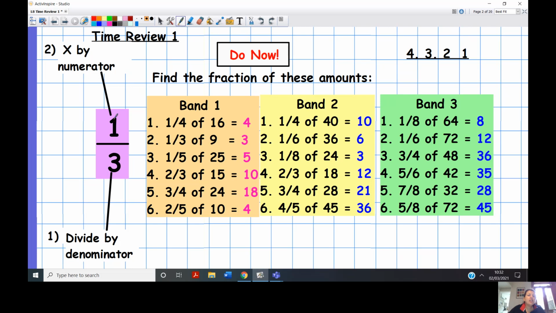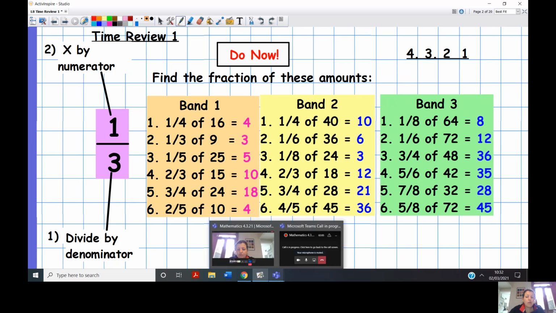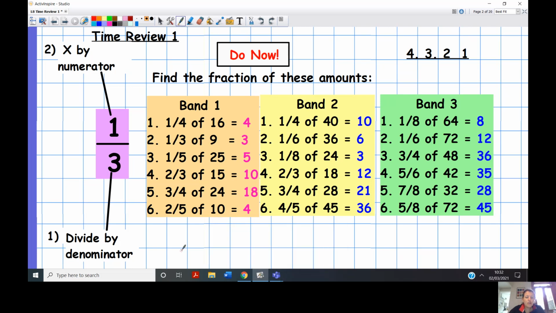The numerator, the top number, shows how many equal parts we're trying to find out. That is fractions of amounts. Divide by the bottom, multiply by the top. It's as simple as that. If you need more practice of that, we're going to be carrying on practising it when we get back to school.